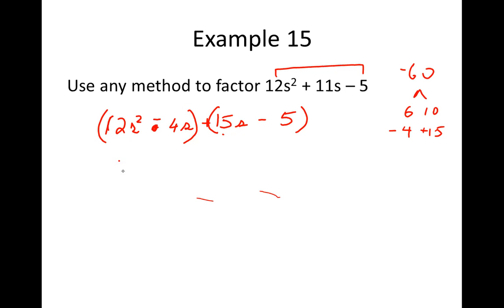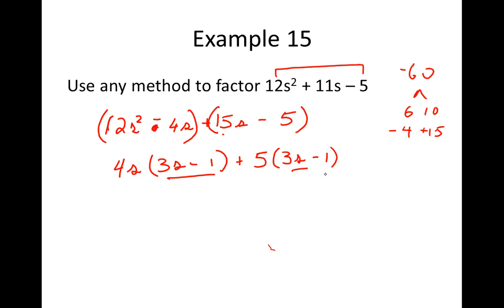So let's pull out a 4s from this one, and I'll be left with 3s minus 1, plus, I'm going to pull out a 5. I'll be left with 3s minus 1. There we go. So I'm going to pull out my 3s minus 1, and I'm left with 4s plus 5.